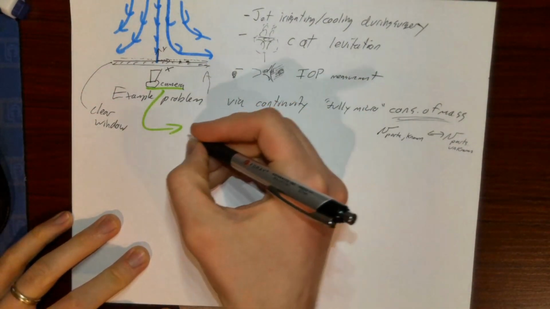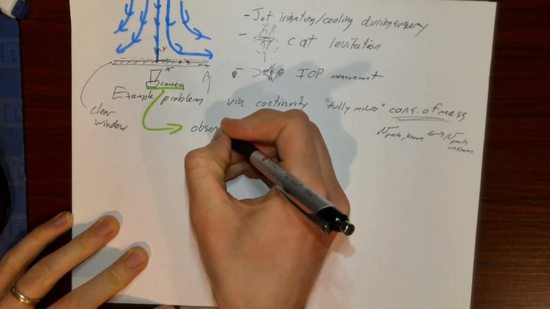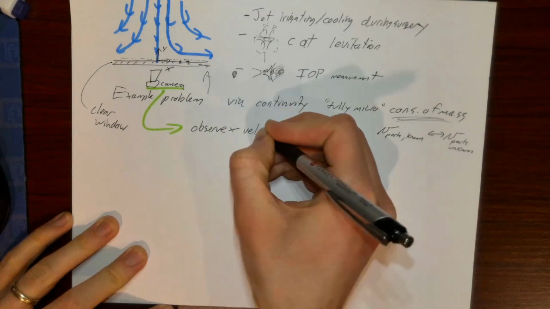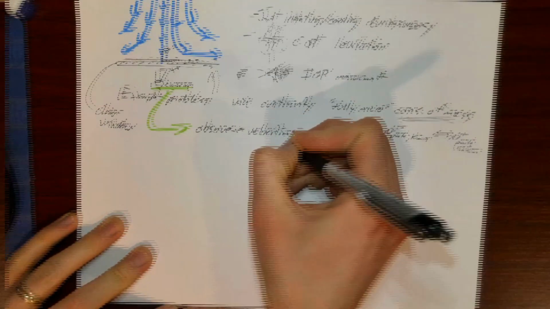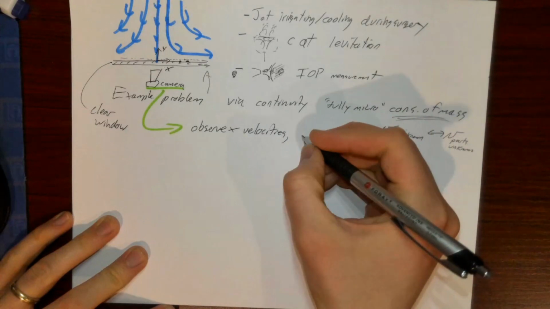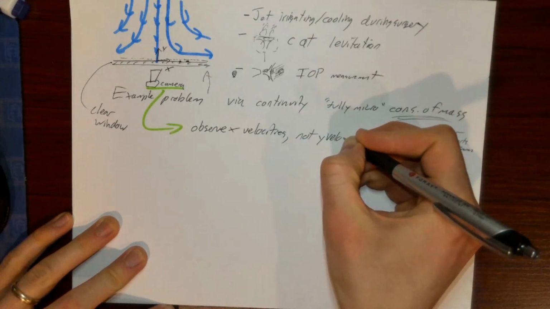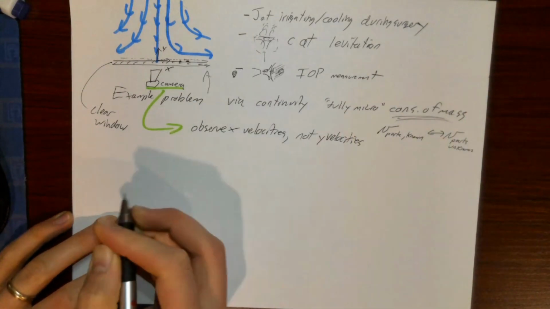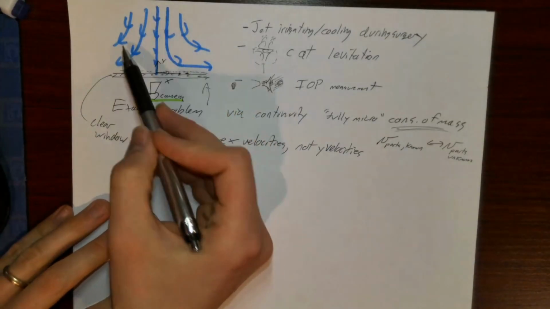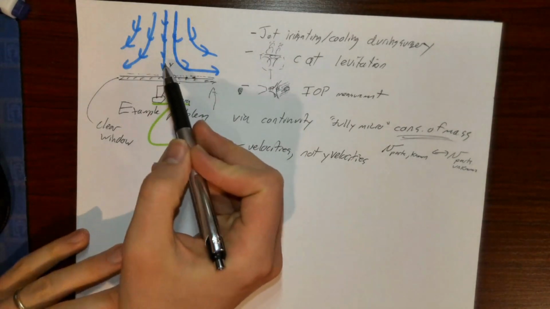So the camera can basically observe x velocities, but it would be really hard to observe y velocities.